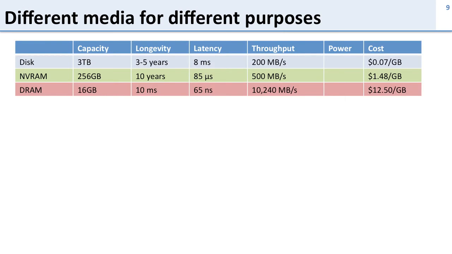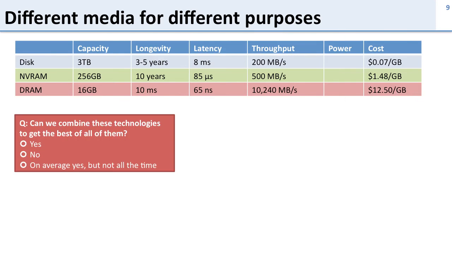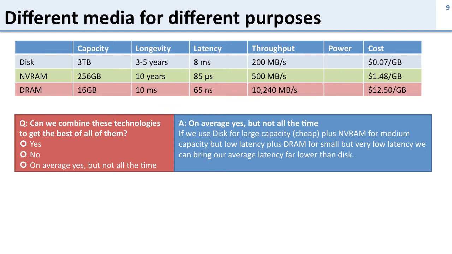Now we've seen stuff that is good for latency. We've seen that non-volatile memory, flash, has much lower latency. DRAM has much lower latency, but it's much more expensive. So the question is, can we take these technologies and combine them together to get the best of all of them? The answer here is yes, on average, but not all the time.